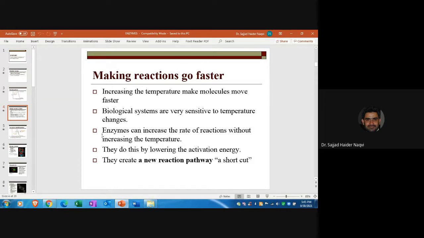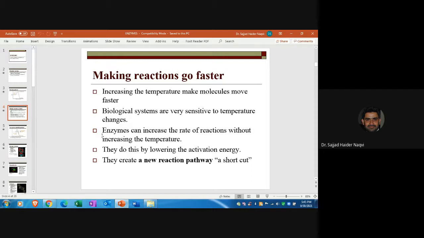So we do not have much choice to increase the temperature to enhance the speed of biological reactions. But we can do that in general chemistry when we are doing some reactions in the lab or outside the body. Now, enzymes are the ones that can overcome this.